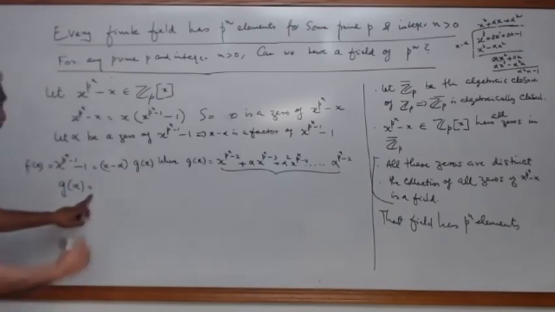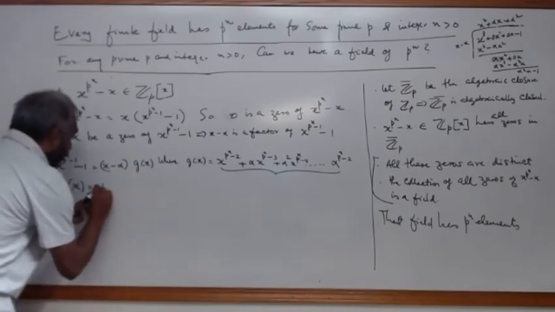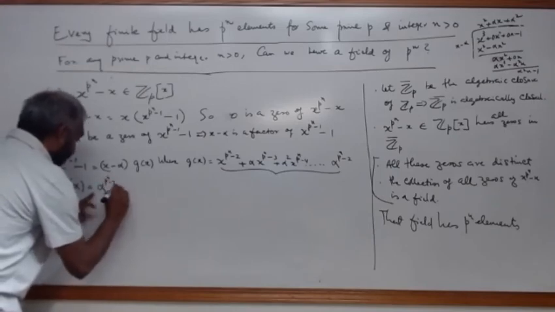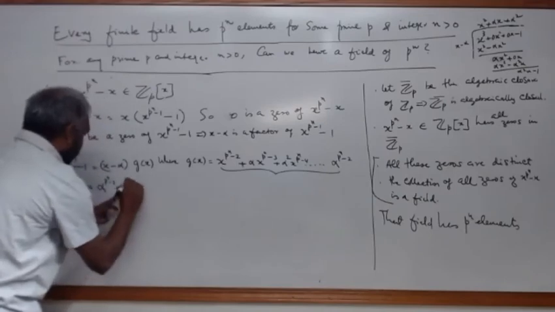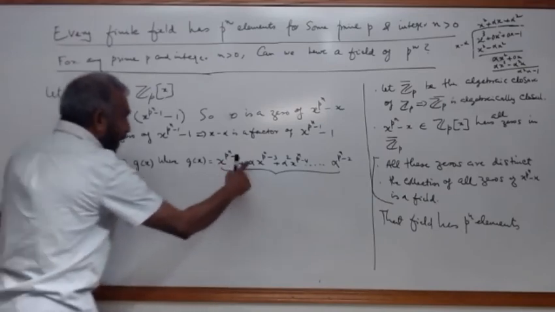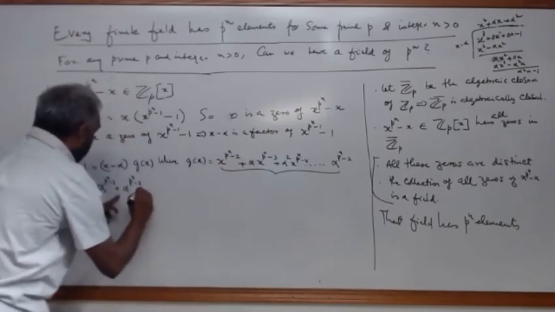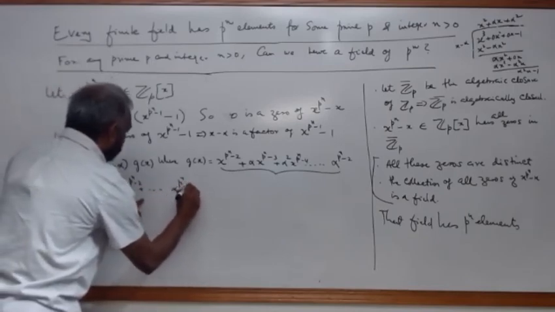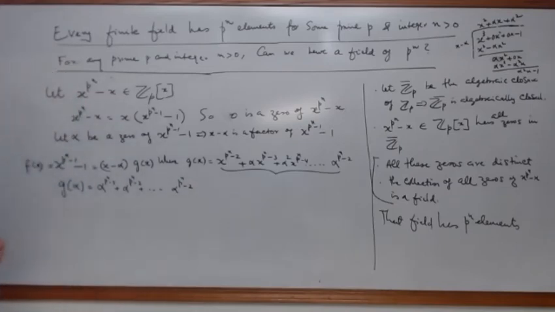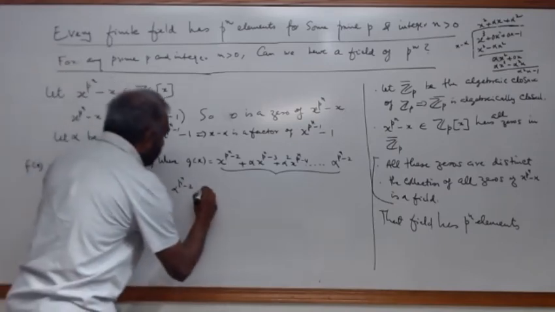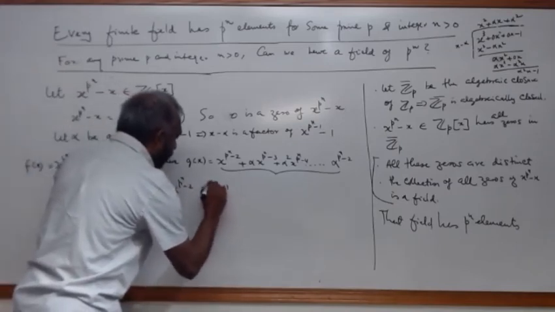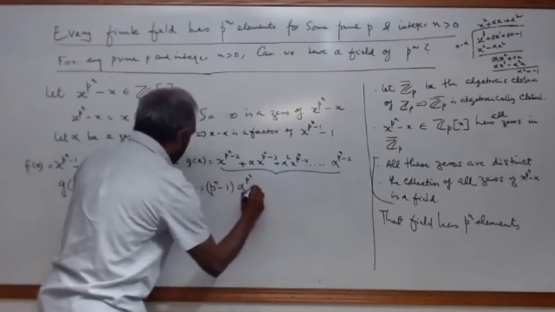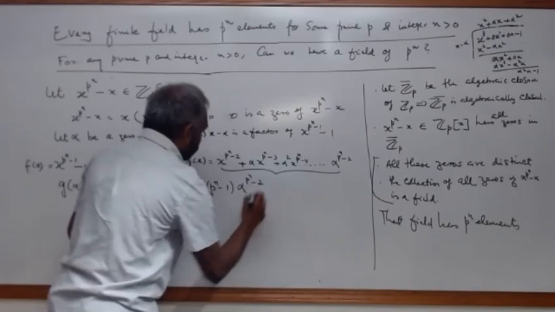G of alpha is actually alpha to the power of p to the power of n minus 2 plus another alpha to the power of p to the power of n minus 2, because alpha times this, plus dash dash dash alpha to the power of p to the power of n minus 2. How many times? We have p to the power of n minus 1 times alpha to the power of p to the power of n minus 2.